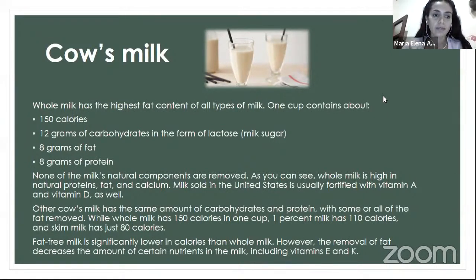None of the milk's natural components are removed.